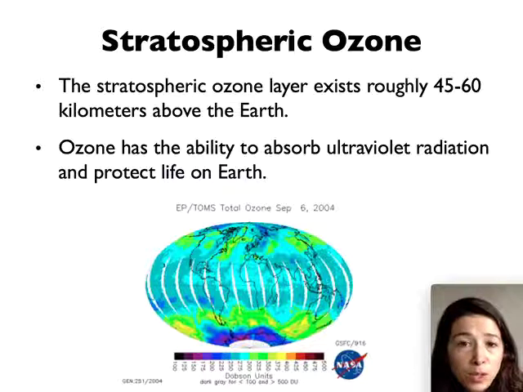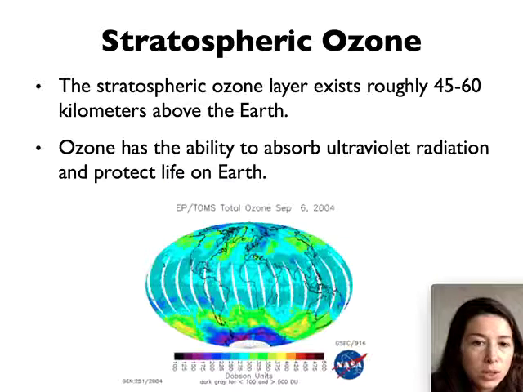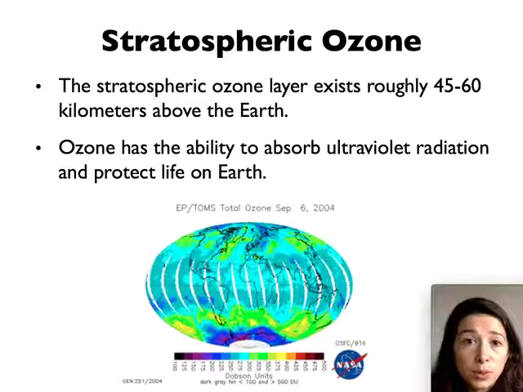Here's another map showing you how ozone is distributed. So the stratospheric ozone exists about 45 to 60 kilometers above Earth. A little bit of a discrepancy, but that's okay. It's all the same as far as we're concerned. And ozone absorbs UV radiation. So there's a lot of UV radiation coming in from the sun, and the ozone is filtering a good amount of that.